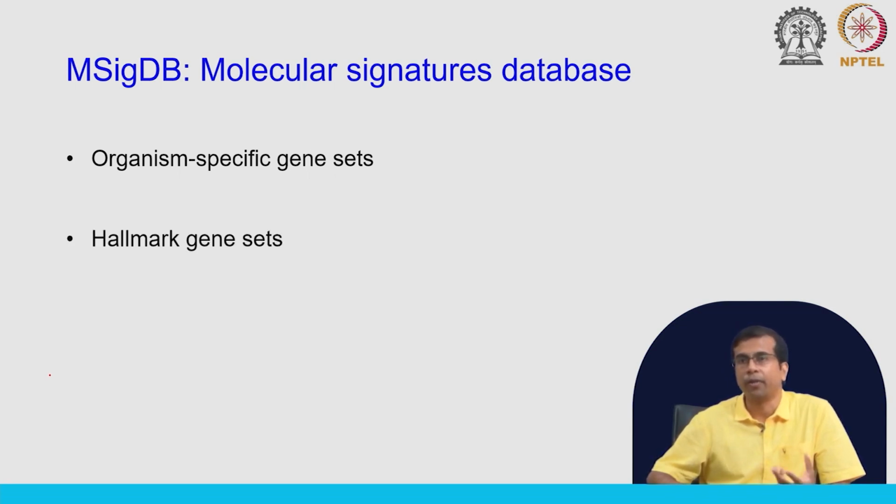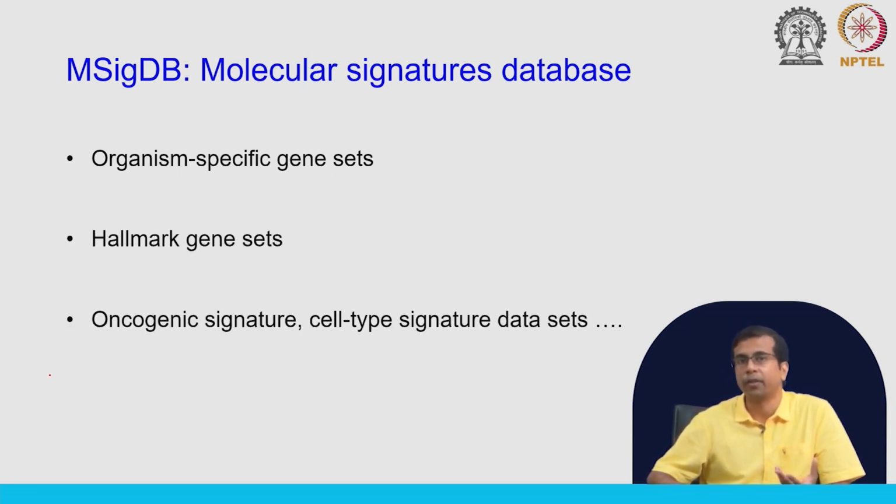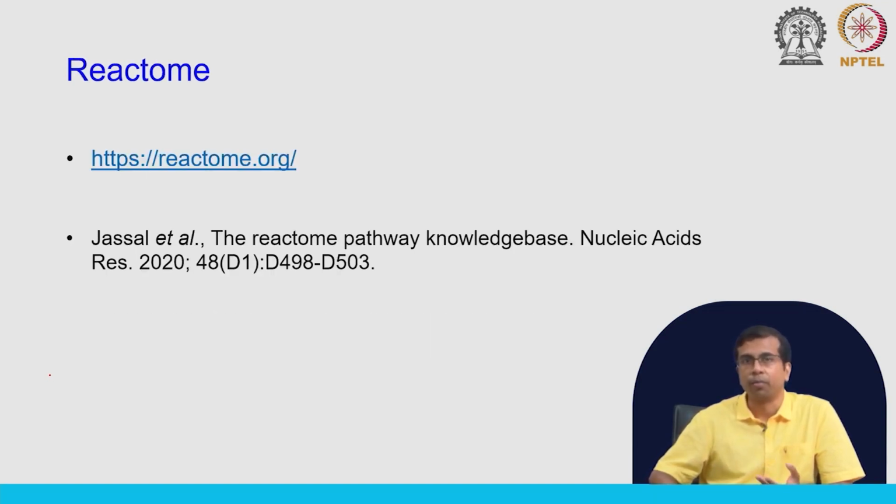You also have something called hallmark gene sets. For example, you can have oncogenic signature or cell type specific signature data sets. Some cell types will have expression of certain genes and so on. These kinds of data sets are present in this database, so you can explore and see.